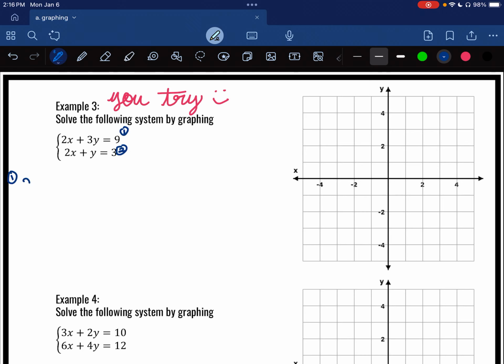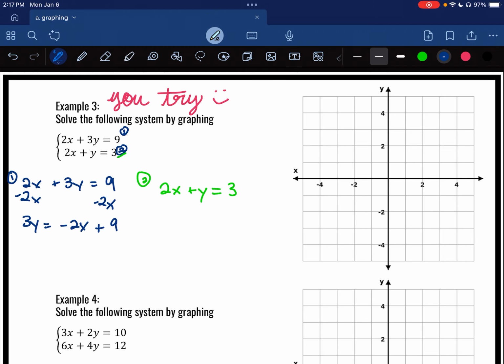So first things first, I noticed that these weren't in slope-intercept form. So I'm going to go ahead and rewrite them. So I gotta subtract 2x from both sides here. I'll have 3y is negative 2x. Oops, getting ahead of myself there.